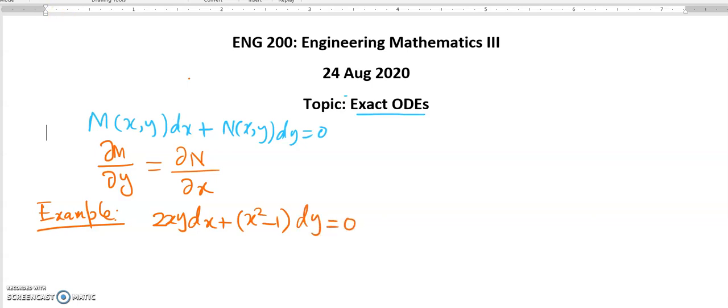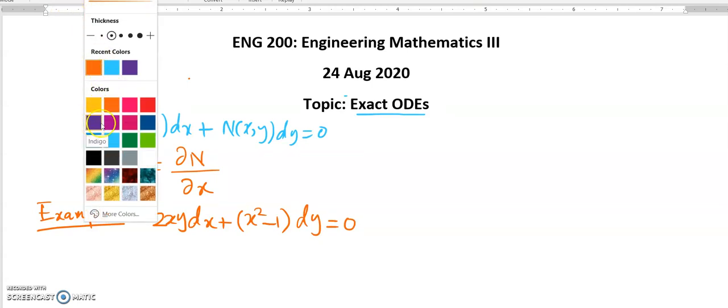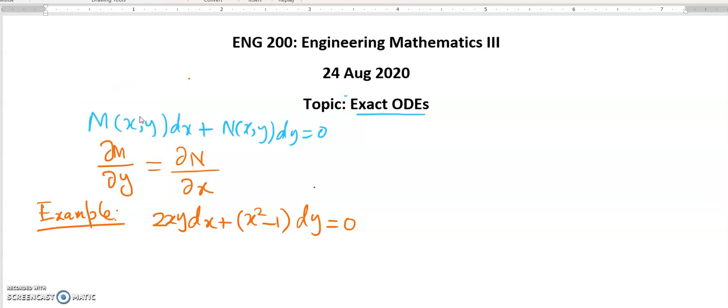Okay, so now if you look at this equation, the first thing you can observe is that you can easily make this equation into the separable form. If you can make it in a separable form, then you can use that method to solve it. But let's not do it by the method of separating the variables right now, because we already have learned that method.